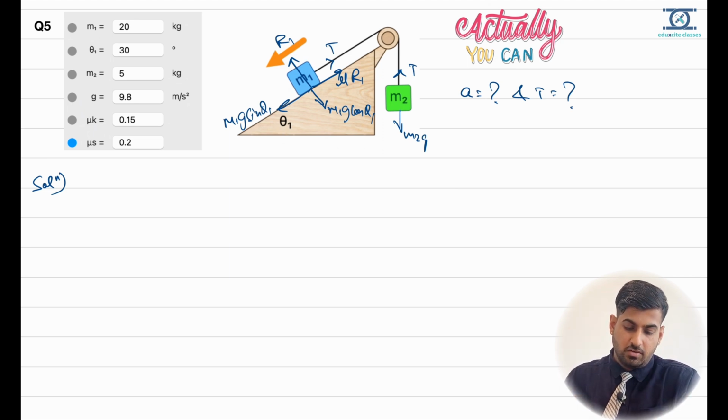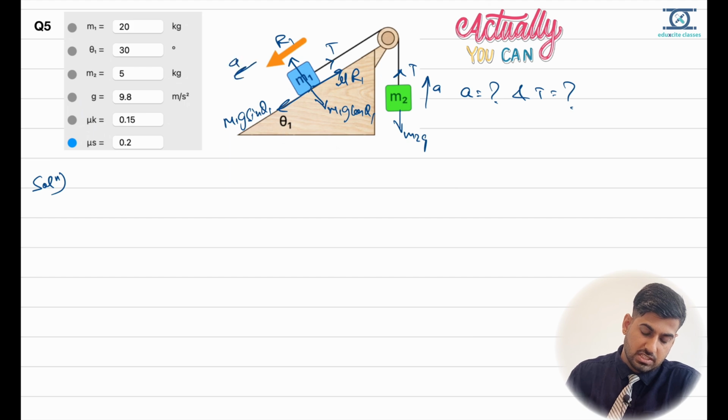So you just have to make out the equations. It is moving in this direction with acceleration a, and here it is moving in this direction with acceleration a.